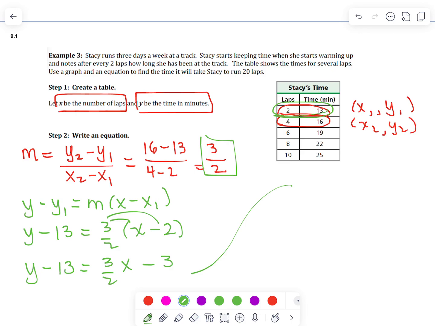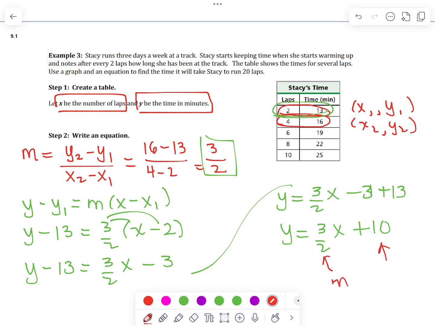And then I'm going to add 13 to both sides and simplify. Negative 3 plus 13 is 10. So now I have my equation in slope-intercept form. This is my slope, and that's my y-intercept.